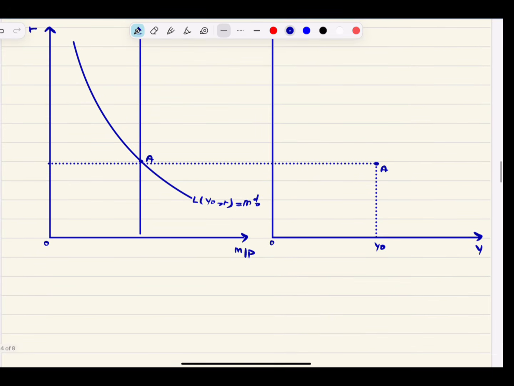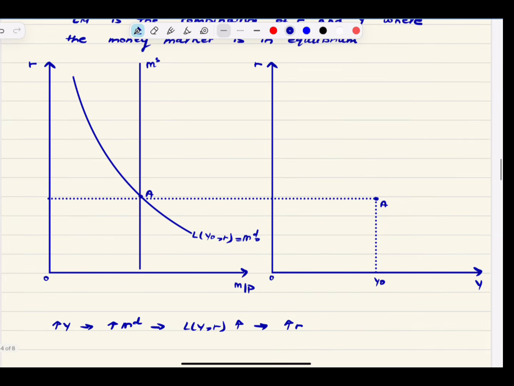So whenever there's a rise in income, it leads to a rise in the money demand, which is basically a video for another time. And the money demand curve shifts upwards, which will basically lead to a rise in the interest rate.